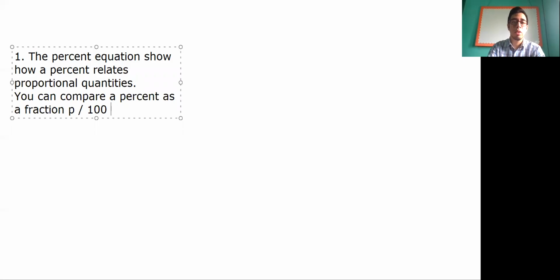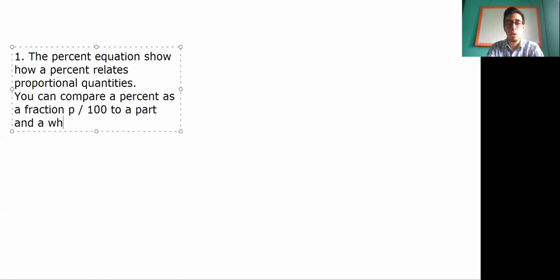You can compare a percent as a fraction P over 100 to a part and a whole, okay? Depending on the equation, remember, P over 100 is going to be the percent, the part is the lesser number we obtain, and the whole is going to be the total.